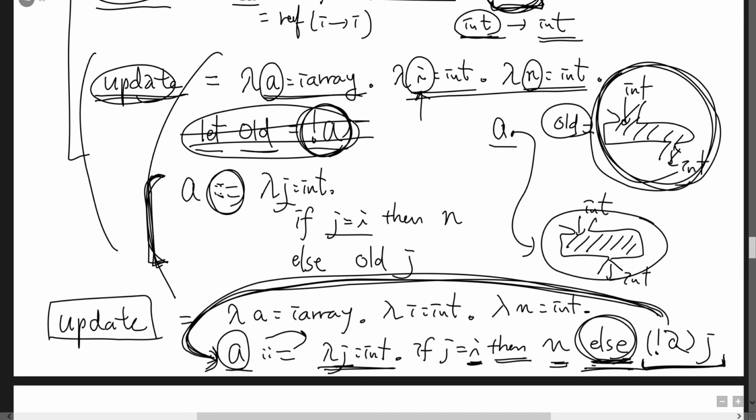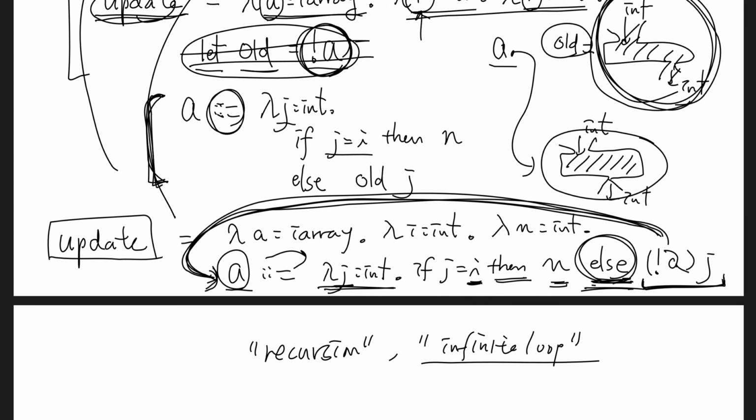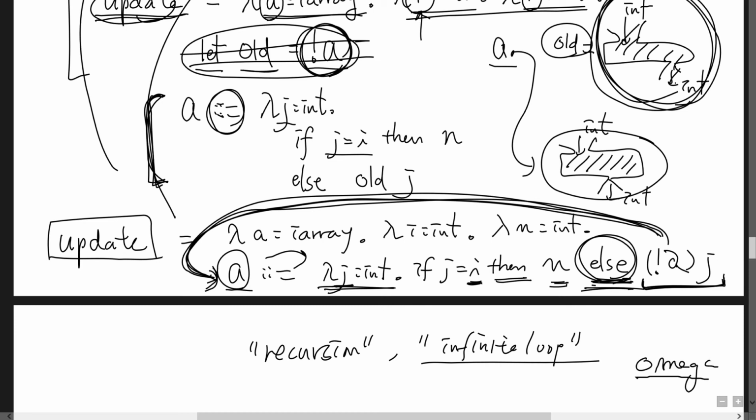So we accidentally discovered how to implement recursion or infinite loop. Remember that when we discussed the fixed point combinator for the first time, we tried to find a lambda expression whose reduction never terminates. So we talked about this omega expression.